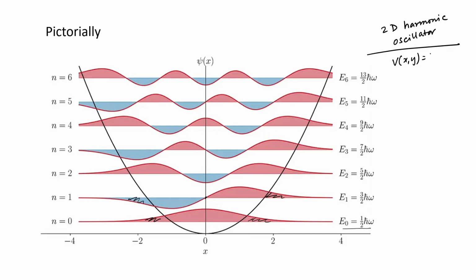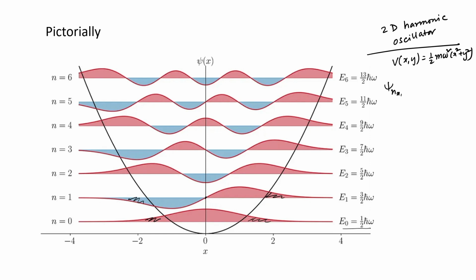So, it is kind of making an oscillation in the x y plane, with displacements along both x and y directions. So, we will simply write V(x, y) is equal to half m omega square into x square plus y square, and the entire thing that we have done in the 1D oscillator will replicate for the 2D.